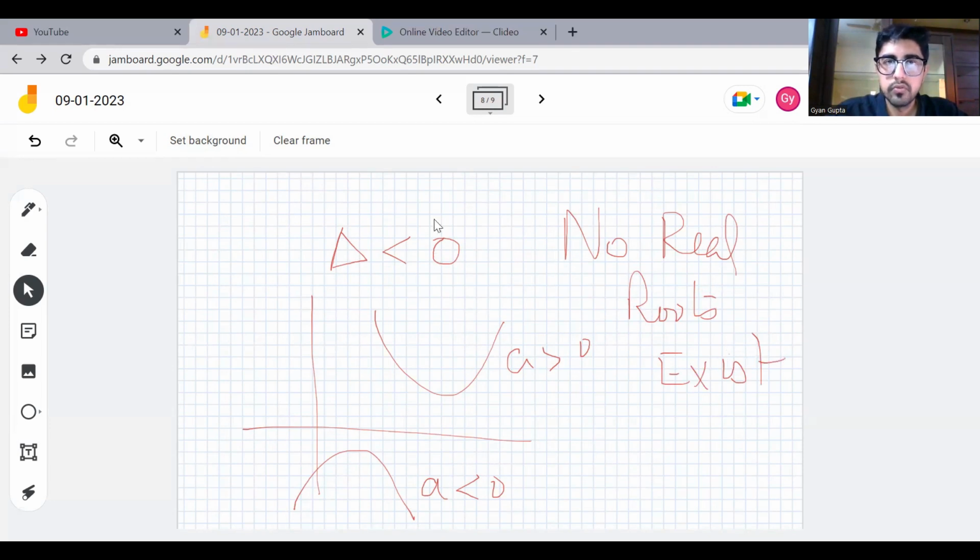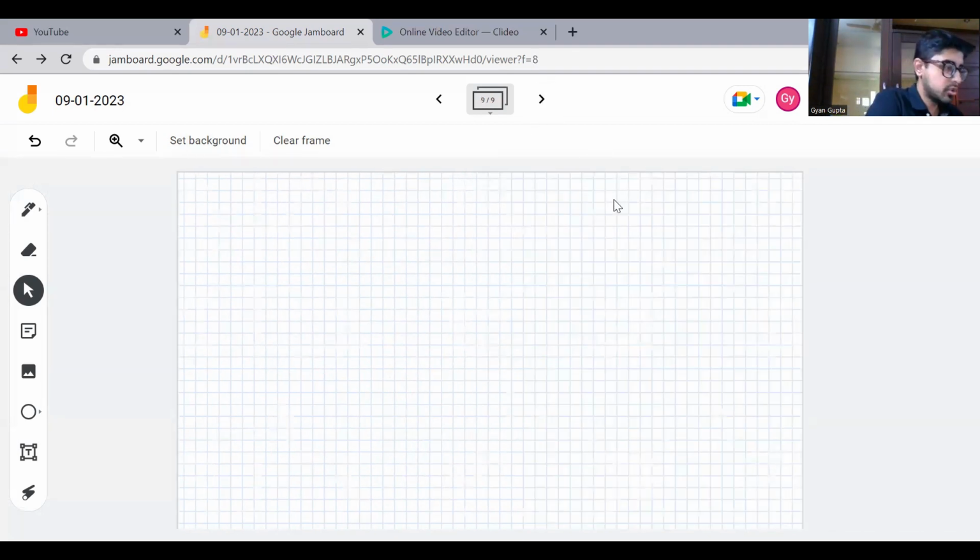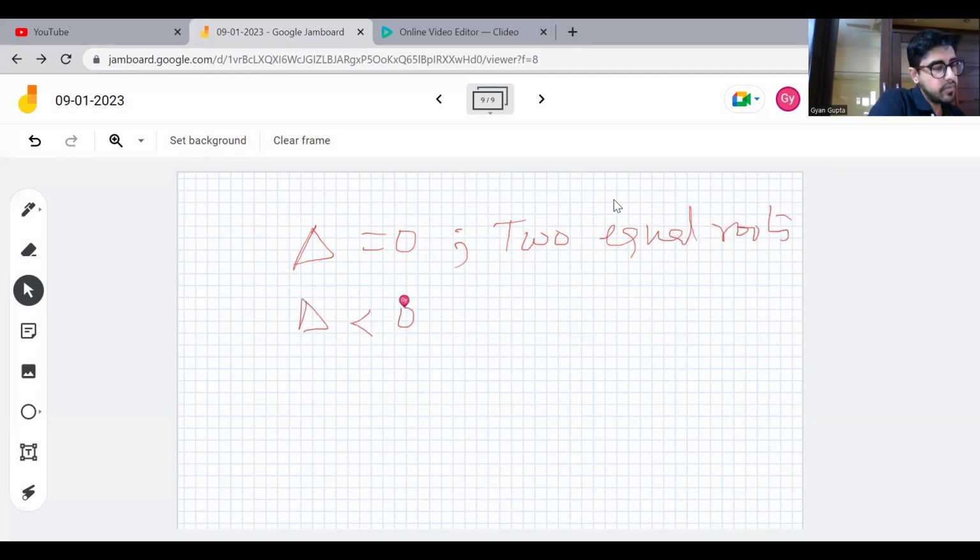Perfect. So far, so good. Let me just quickly summarize everything on this page. Delta is equal to 0: equal roots. Delta is less than 0: no real roots. Delta is greater than 0: 2 real roots.